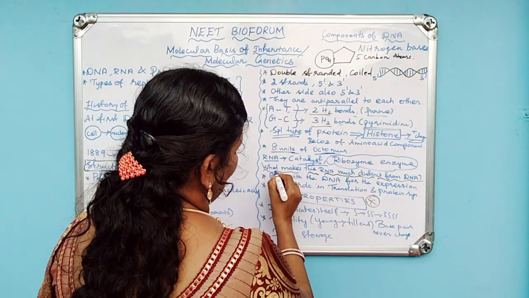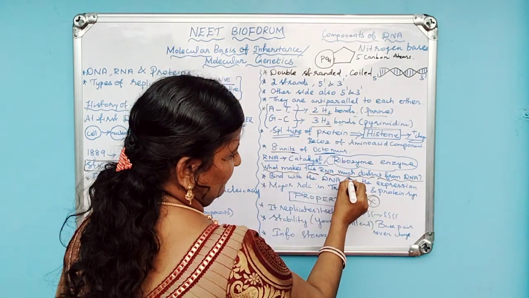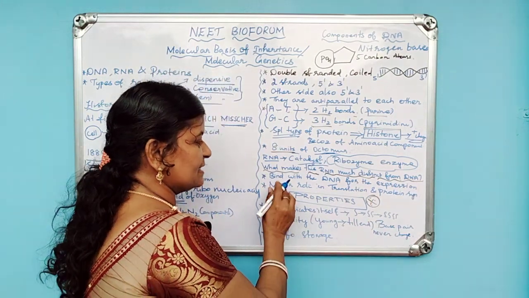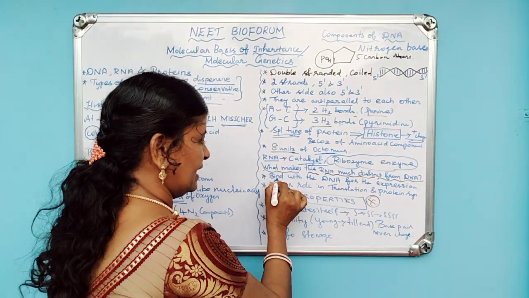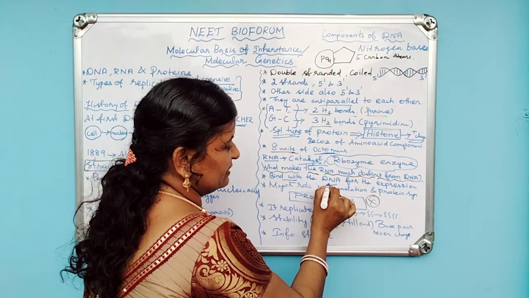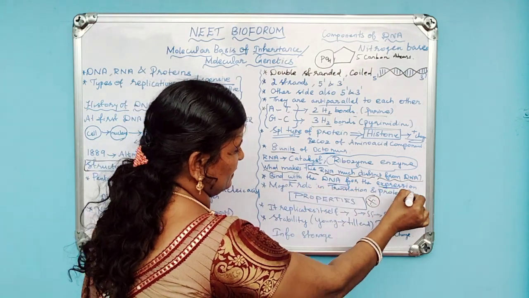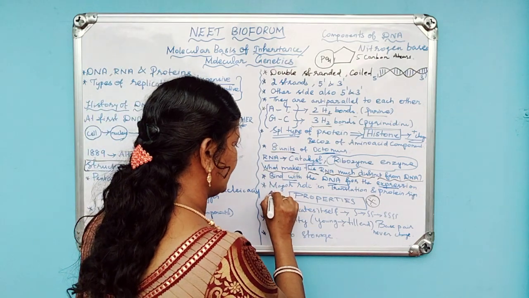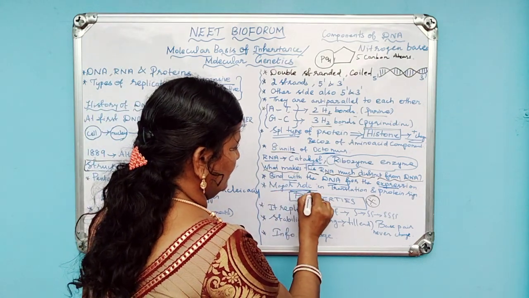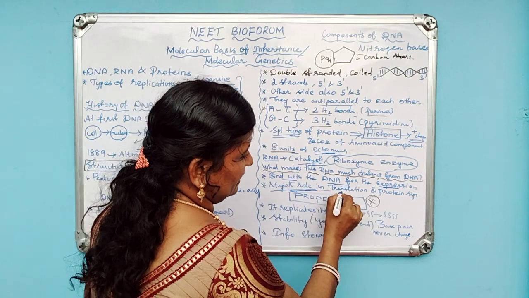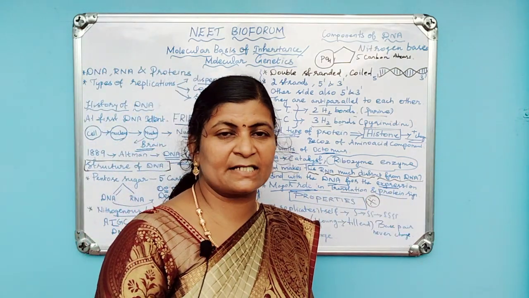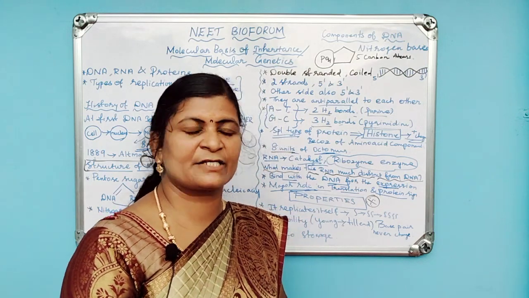What makes RNA distinct from DNA? RNA helps to bind with the DNA for expression. It plays a major role in translation and protein synthesis, which we will see in the next part.